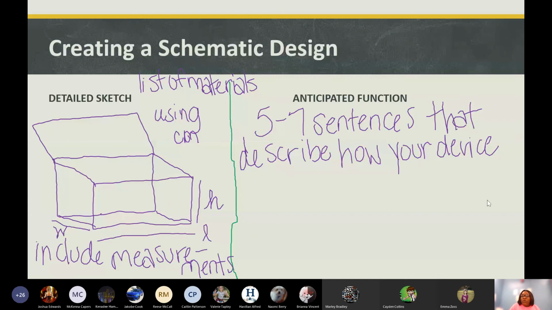You want to write how your solar cooker uses conduction, convection, and radiation. You also want to talk about how your solar cooker uses insulators and conductors.